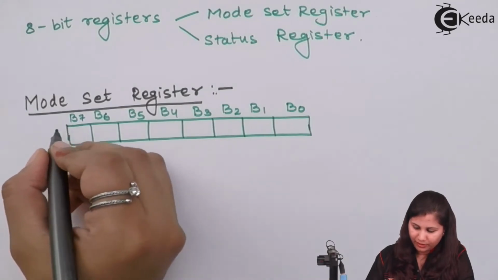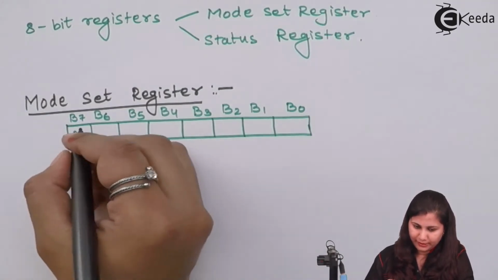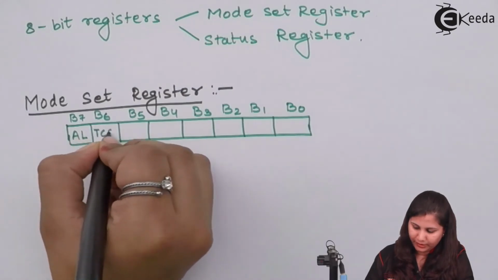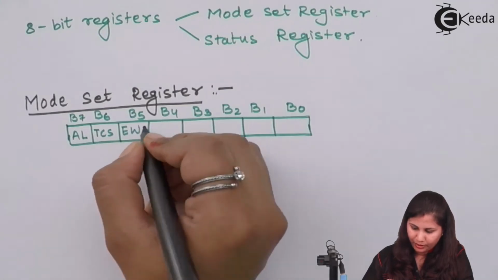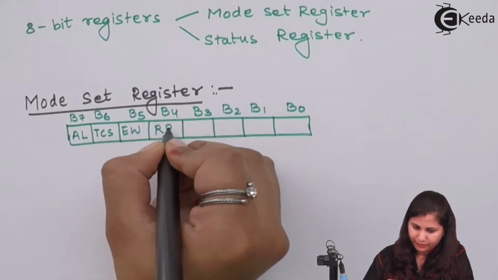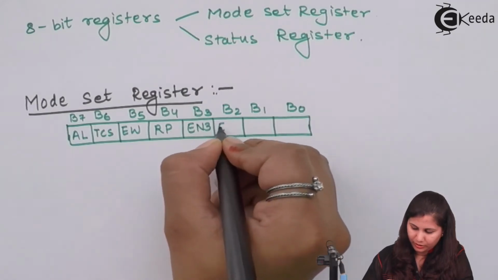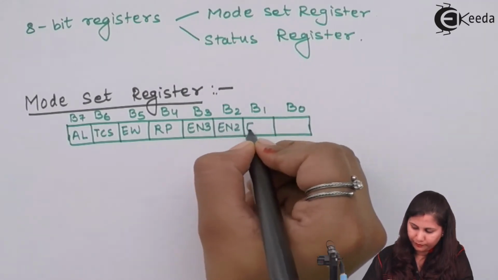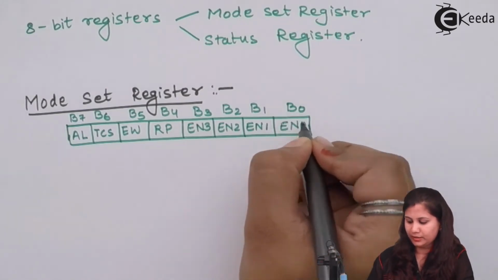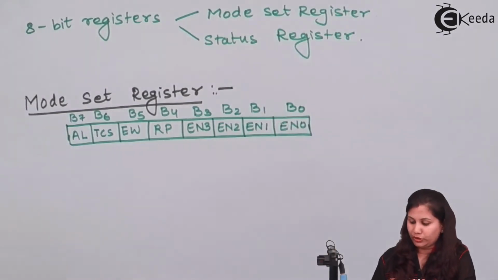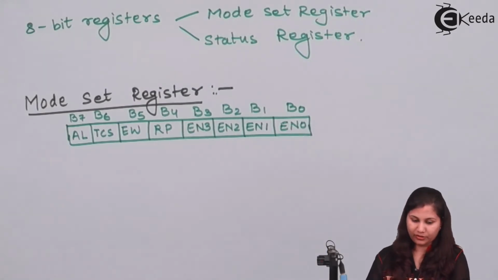Bit 7 is the AL bit. B6 is TCS. B5 is EW. B4 is RP. Then this is EN3, EN2, EN1 and EN0. So this is the format of the 8-bit mode set register.